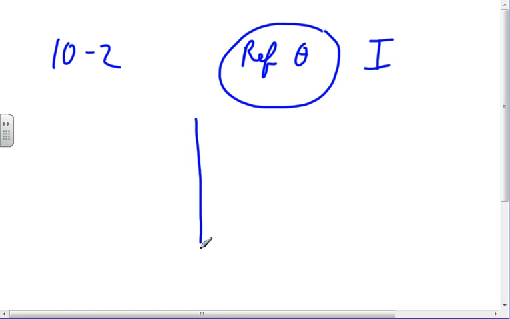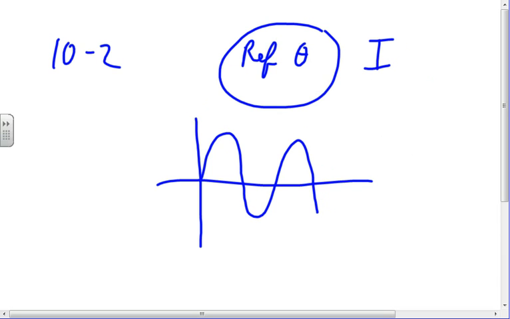So if I look at the sine function, I go up, I go down, I go up, I go down, and I look at something like 1/2. In the first quadrant, I have an answer right there, and in the second quadrant, I have an answer right there. But we want the reference angle, the first quadrant one, so we want to have that answer.